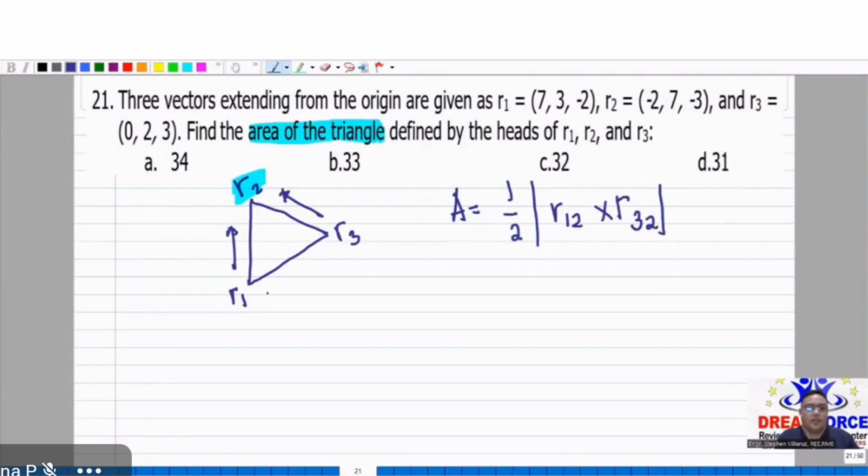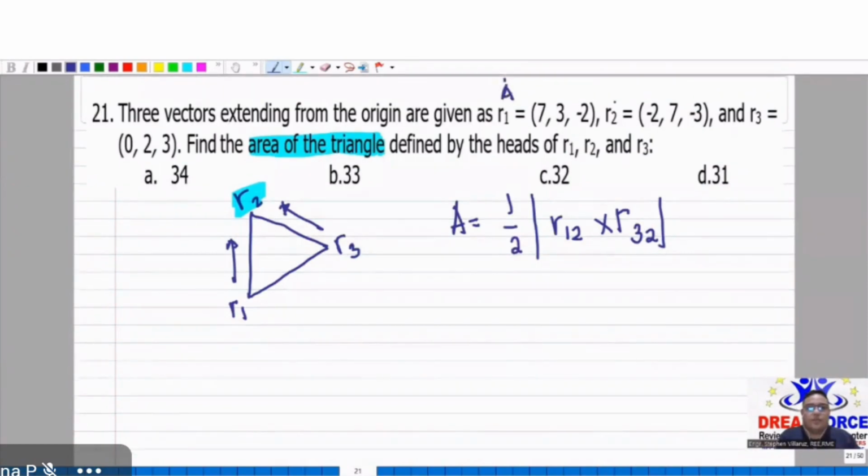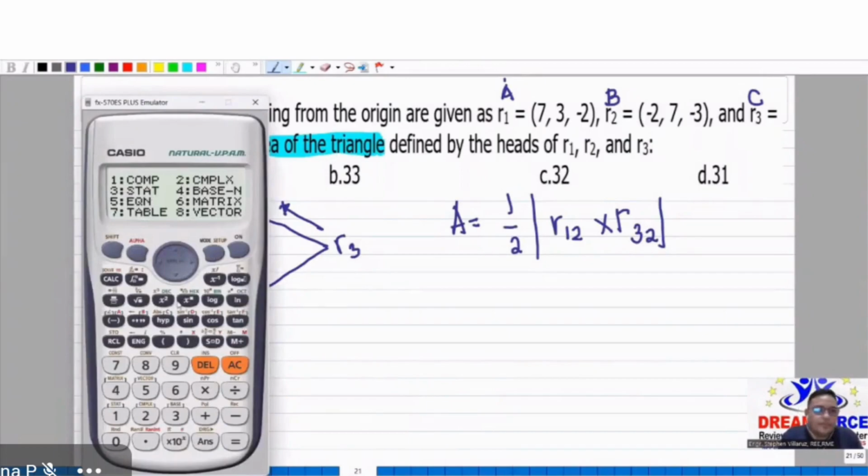Ayan. So, ang gawin na lang natin is that store na lang natin yung R1 kay A. Then, si R2 naman, si B. Then, store natin sa C, R3. So, sige, mode 8 tayo. So, mode 8, vector A. So, that is 7, 3, negative 2.